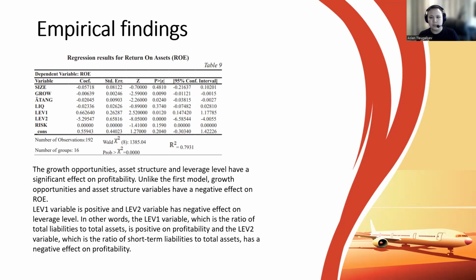Also, it provides a tax shield, as interest expense decreases our profit before tax, and thus we pay lower amounts of corporate income tax. However, in the short term, it creates an additional debt burden. So increased leverage increases our debt burden.